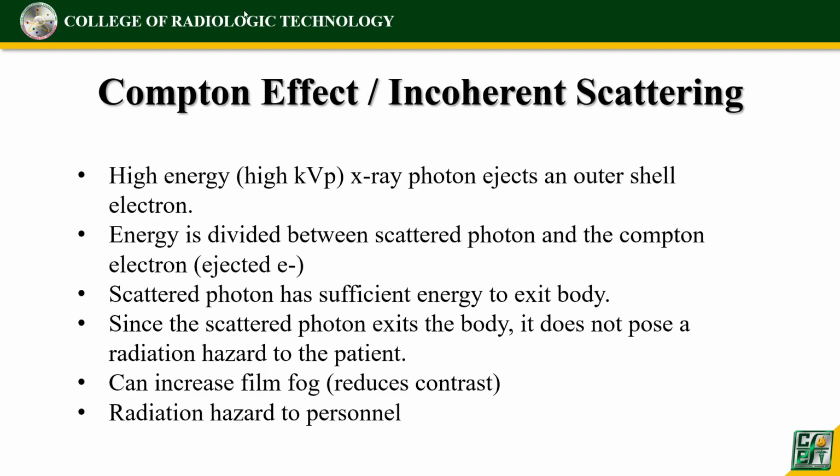What is the consequence of having fog? Contrast will be reduced. So even though it is not a radiation hazard to the patient because it just passes through the patient's body, the scatter radiation poses a radiation hazard to radiation health workers, our radtechs.